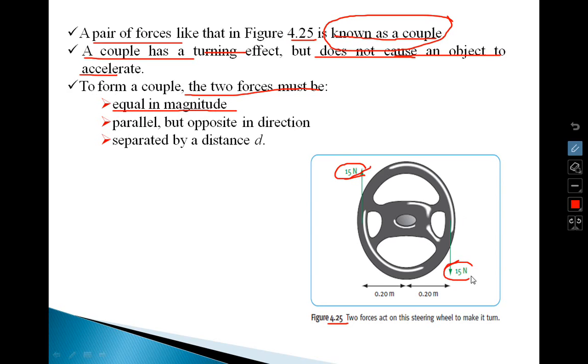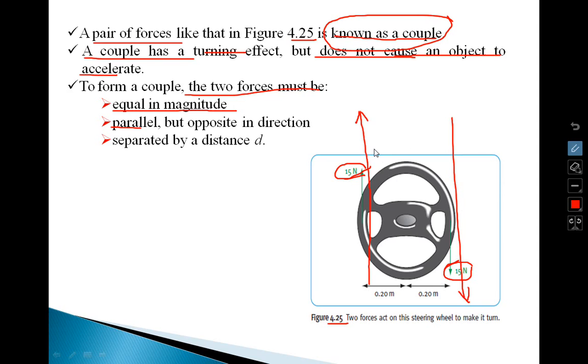The value is the same, 15. This is the first condition. The second one, the two forces must be parallel. This one force here and the other one is here, so they are parallel, but in opposite direction. Parallel and at the same time in opposite direction. This one is in this direction and the other one is in this direction.